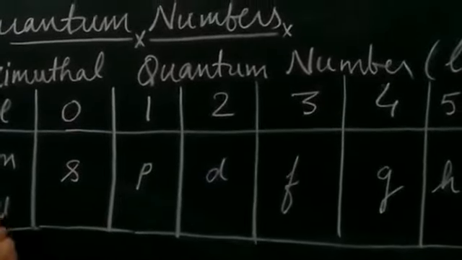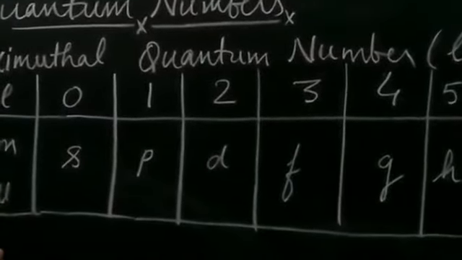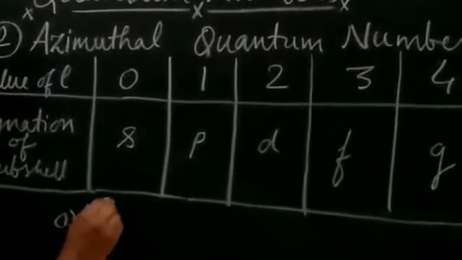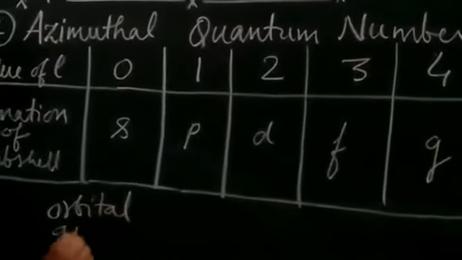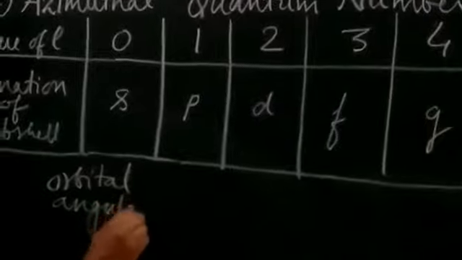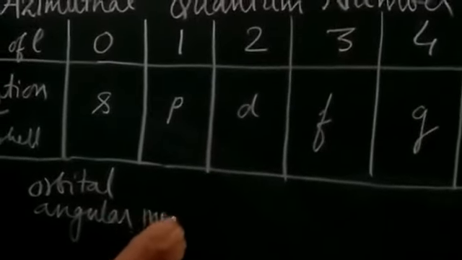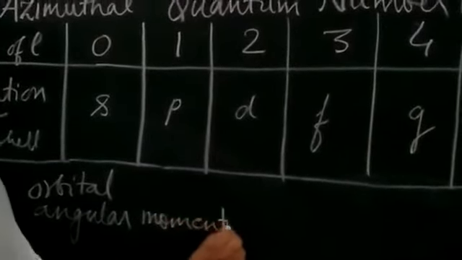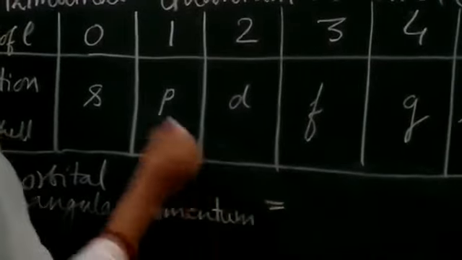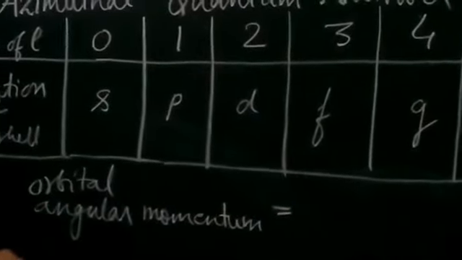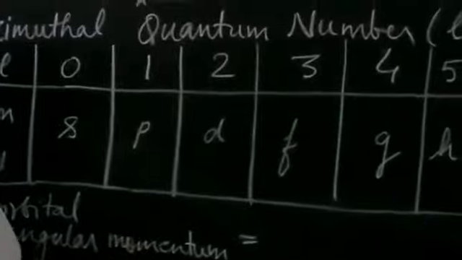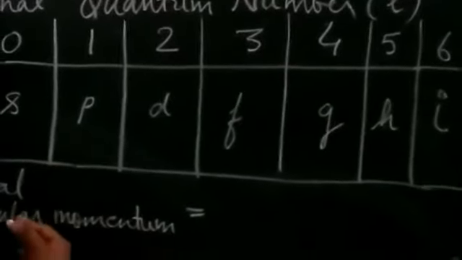Right? Now, by knowing the value of L, we can find out the orbital angular momentum. That's why this quantum number is also known as the orbital angular momentum quantum number.